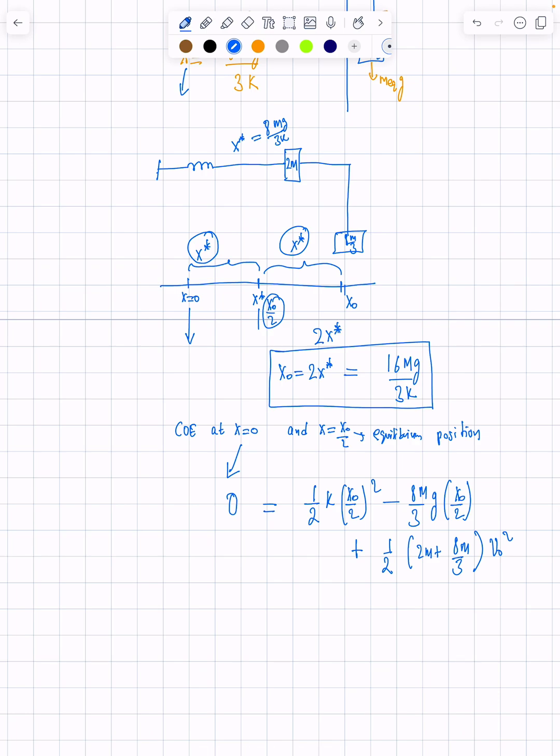Right, so let's do that. So this is 14m over 3 v naught square, half, equals, so x naught we have found as 16 mg over 3k, so x naught over 2 is 8 mg over 3k, minus half k x naught square.